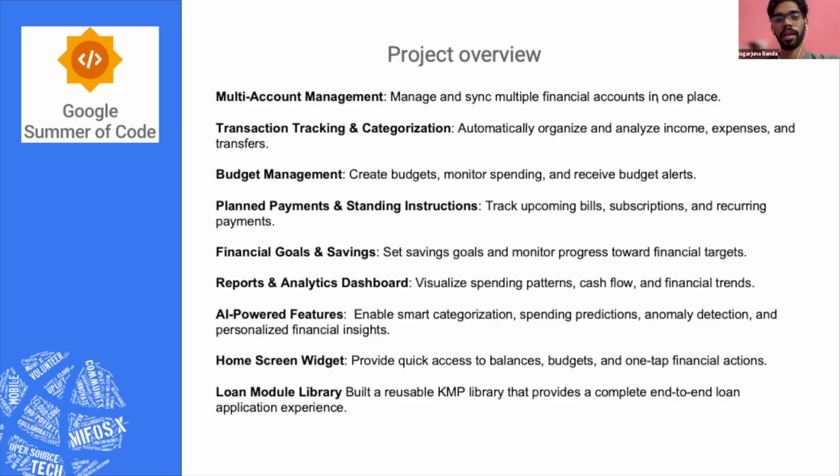Also home screen widgets, providing quick access to balances, a quick glance at budgets, and one-tap financial actions. And also a loan module library, building a reusable KMP library that provides a complete end-to-end loan application experience. So this is the project overview that I worked on this summer.